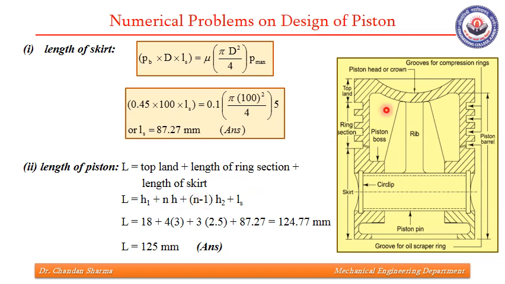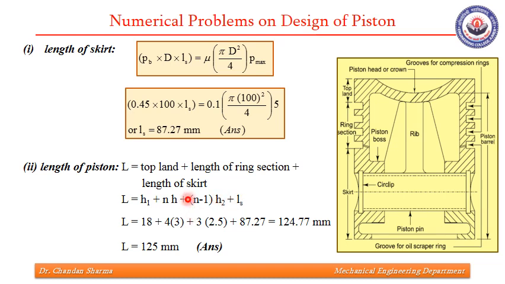Since there are four rings given to us, the ring groove count will be 4 minus 1, that is 3, into thickness of ring groove, plus LS.